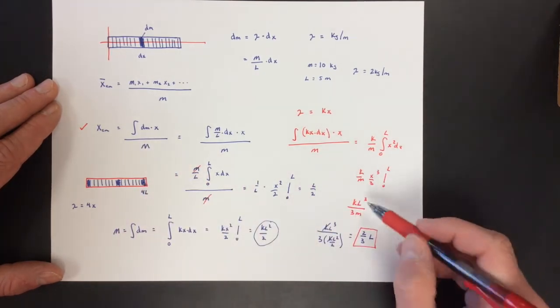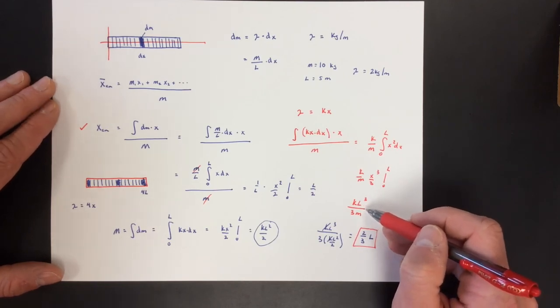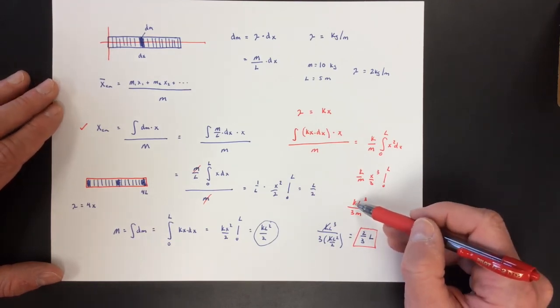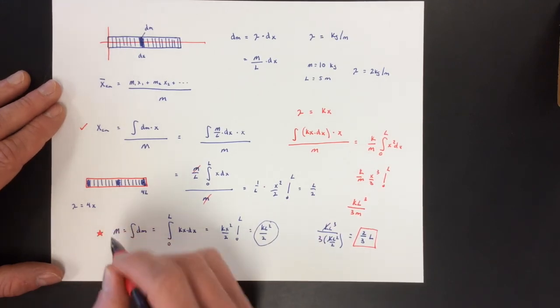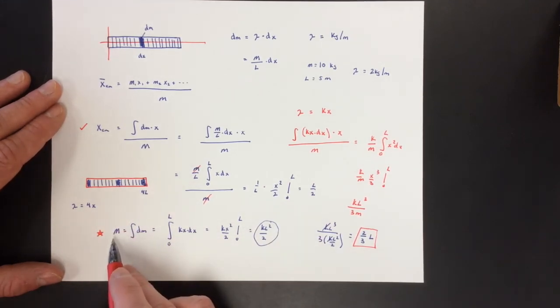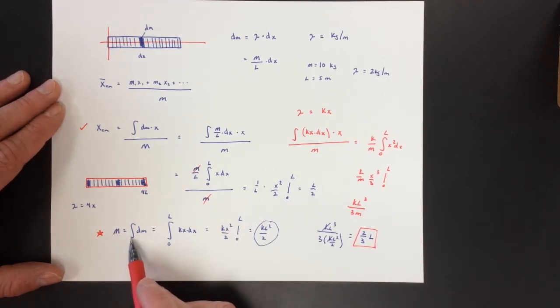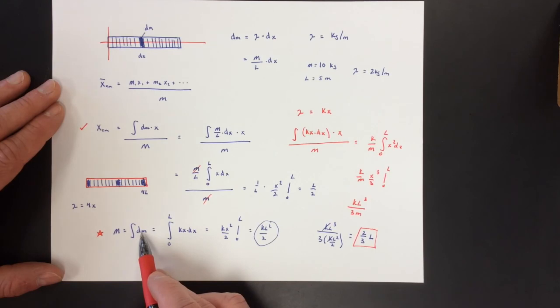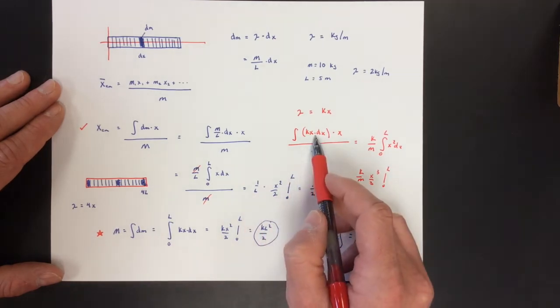I got the center of mass in terms of k and L, but I really wanted the center of mass in terms of just L, so I need to get rid of the k. So then down here I did this extra step. I needed to figure out what the total mass was in terms of k. The total mass was the accumulation of all the little bitty masses. Each little bitty mass was still kx dx, just like it was here.